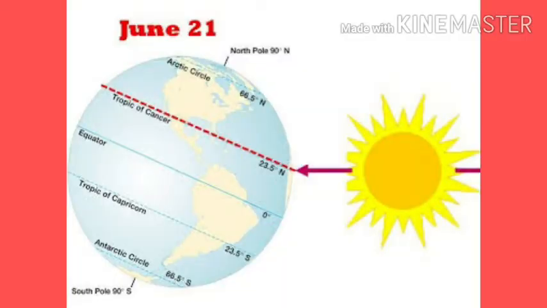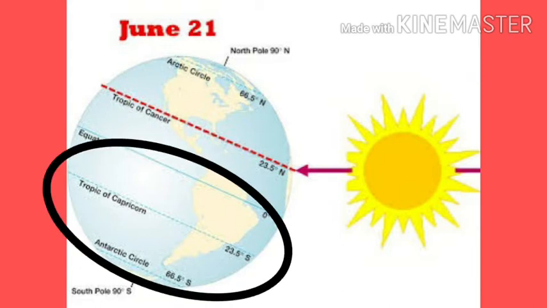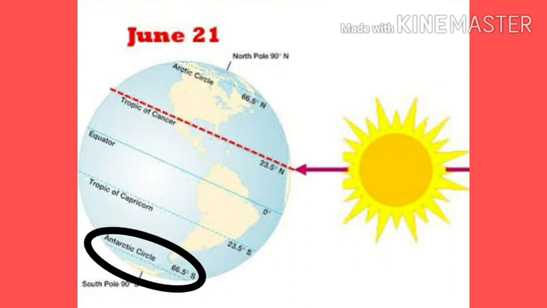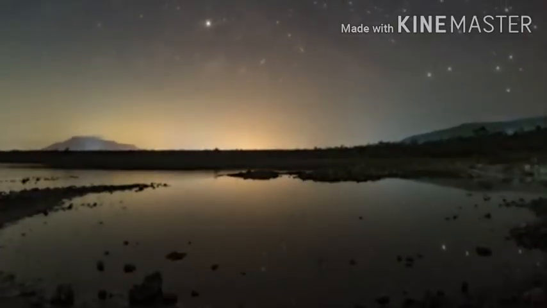The conditions are totally opposite in the southern hemisphere, because it is away from the sun, that's why the length of day is shorter and night is longer, and the south pole is away from the sun, that's why at the south pole there are 6 months of continuous night.